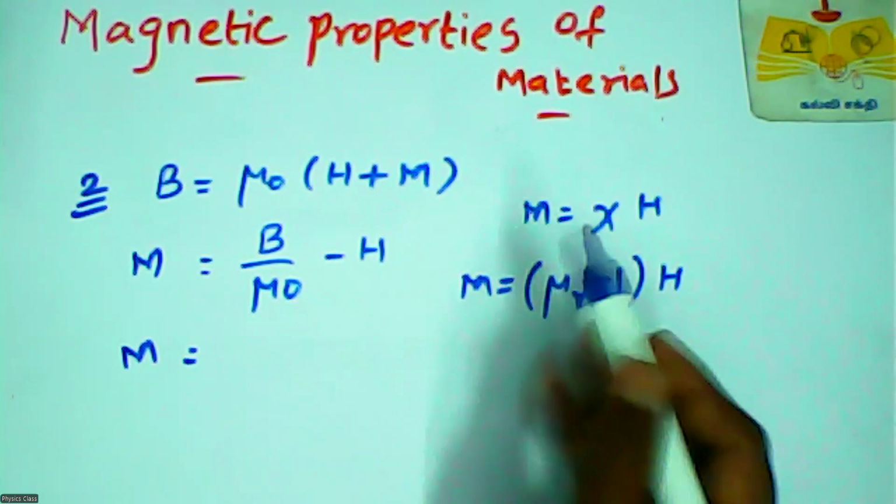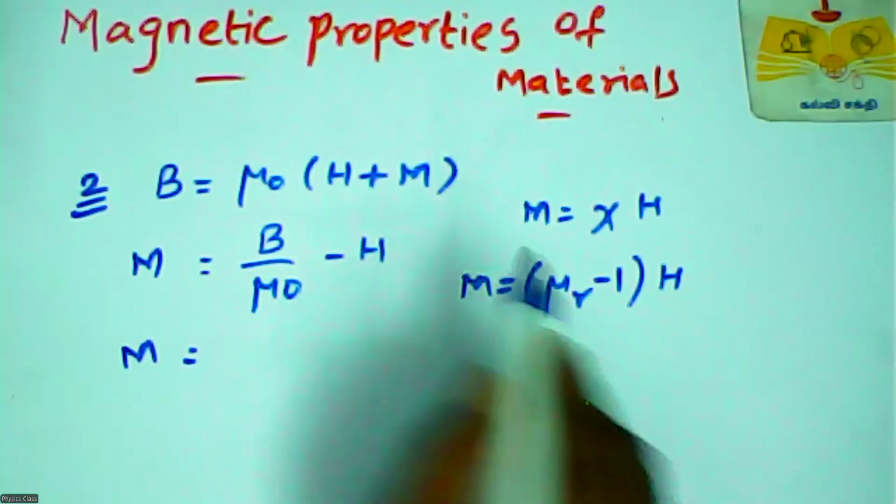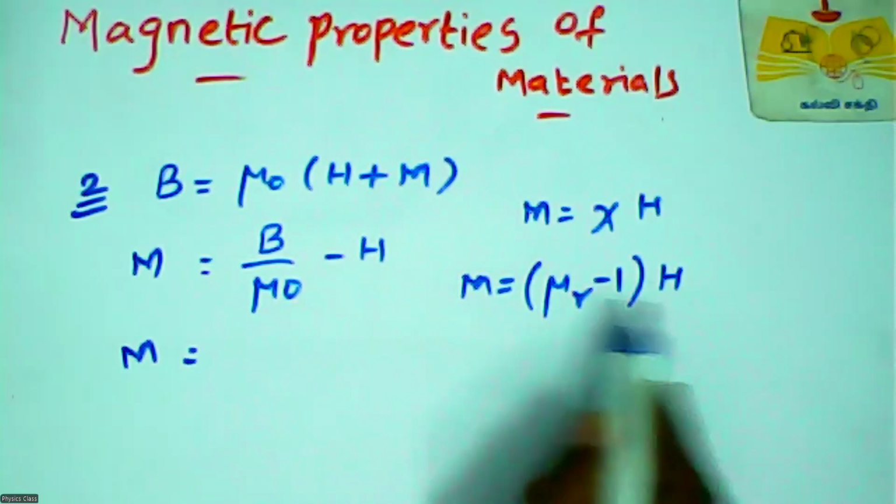Because we don't have a value for susceptibility, but we have a value for relative permeability, we can write these equations.